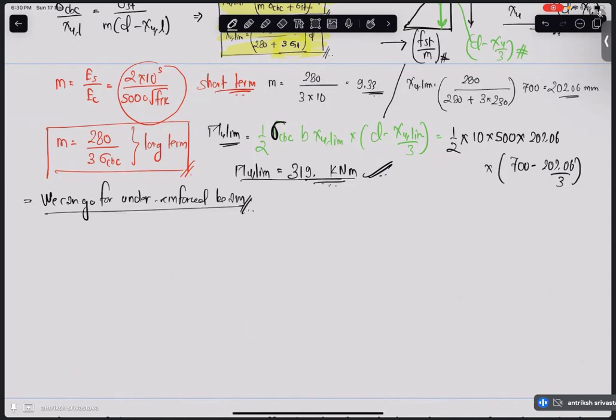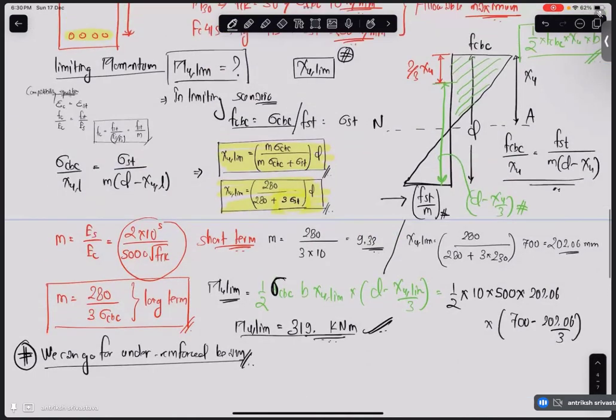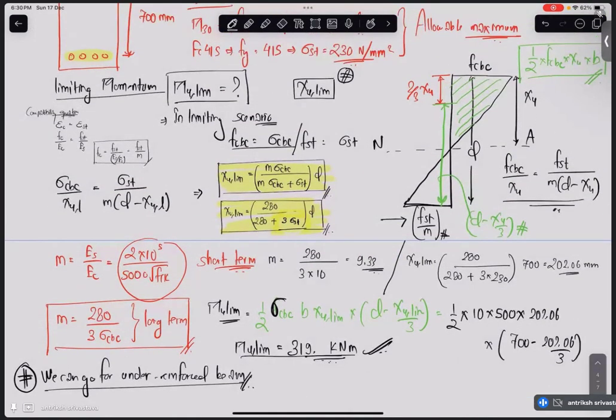And one important thing to note about under reinforced beam design in case of WSM is that you don't have to calculate your xu again. You don't have to calculate any other things again.